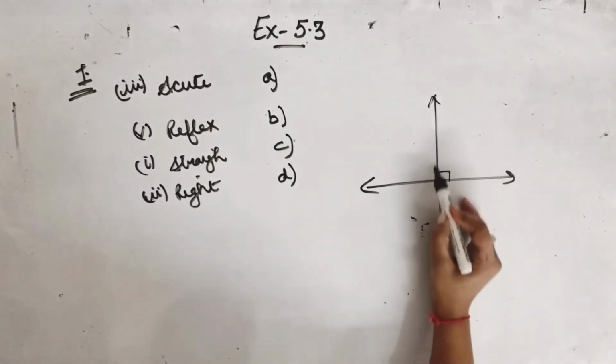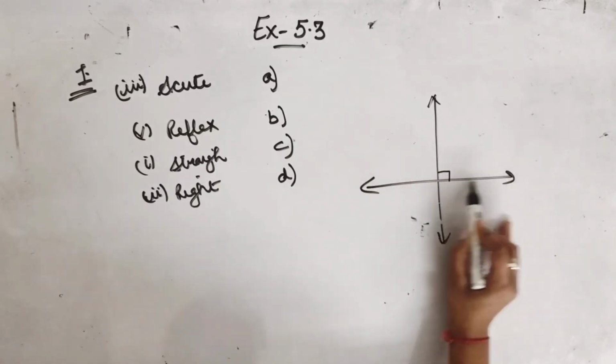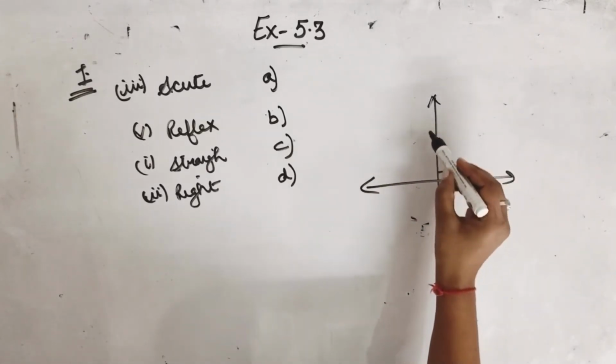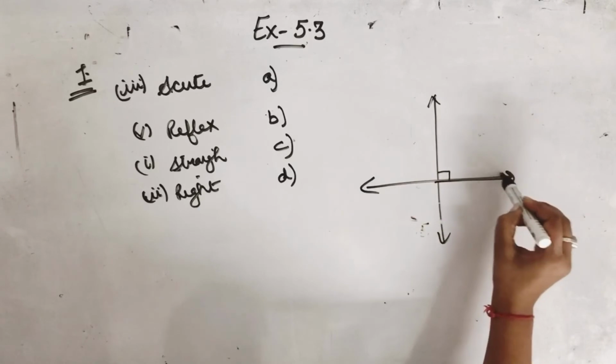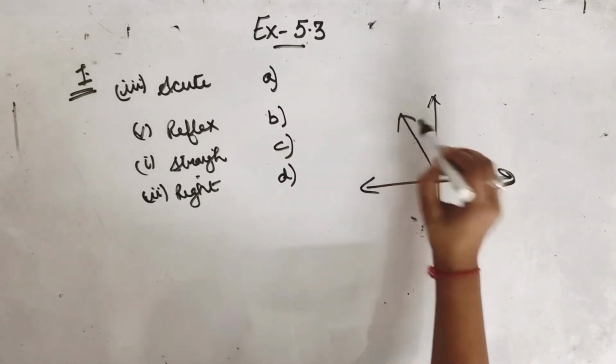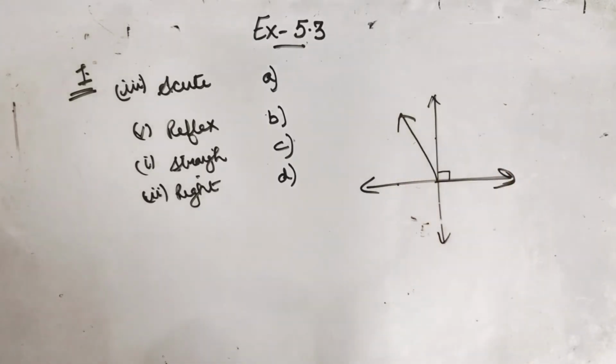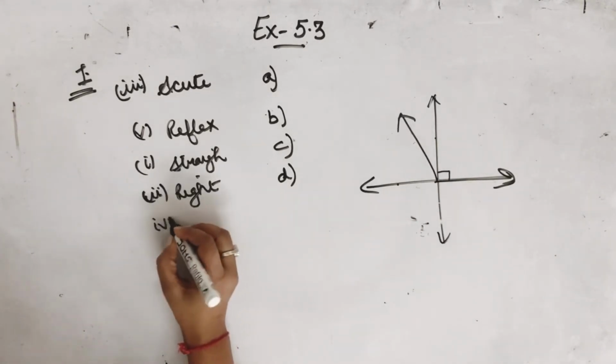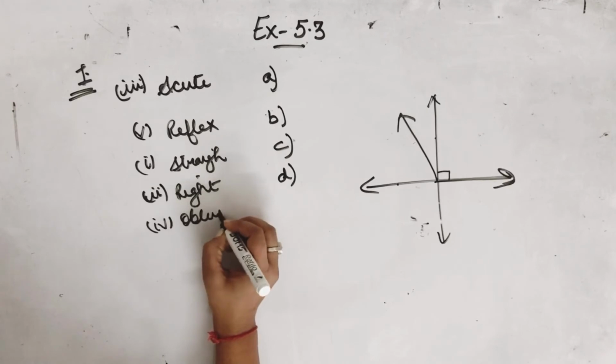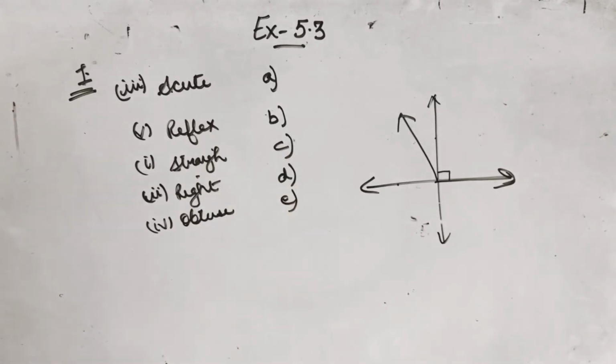Now 1/4 is this and 1/2 is this. In between the two, it means this one. If this is one arm, then the other arm should lie between these two lines. So this one is obtuse angle. Fourth part, obtuse angle will go with E part.